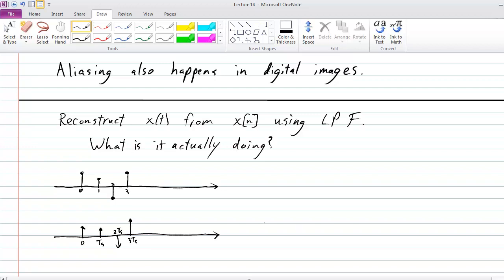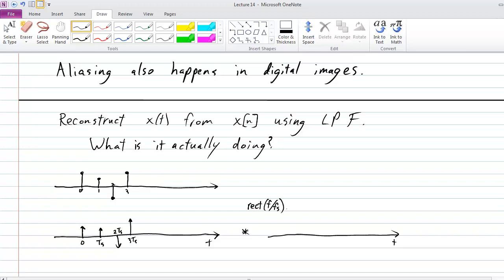Now, what is a low-pass filter in time? It's a sinc. And we said that we were using a low-pass filter with cutoff frequency, so we were using rect of f over... we wanted it to go up to fs over 2, rather than a half. Rect goes out to a half. So we need to spread this out by a factor of fs, right?